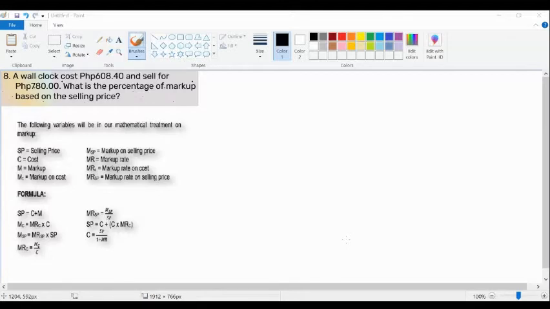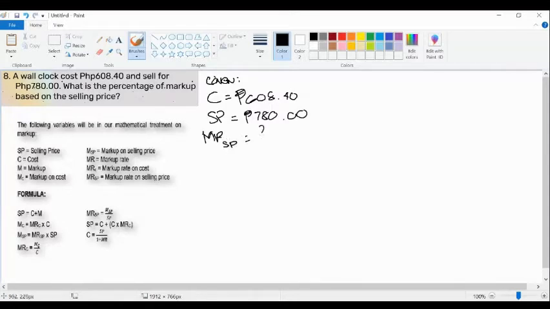Last example for our markup problems, a wall clock costs 608 pesos and 40 cents and sells for 780 pesos. What is the percentage of markup based on the selling price? So based on this problem, we have the following given. The cost of the wall clock, which is 608 pesos and 40 cents. The selling price of the wall clock, that is 780 pesos. And we're looking for the markup rate on the selling price.